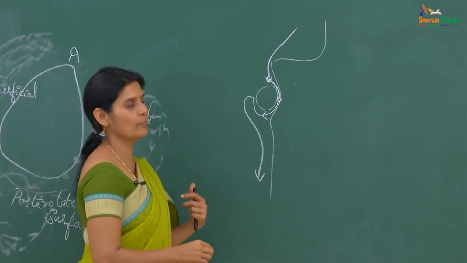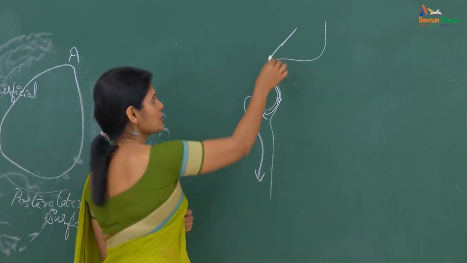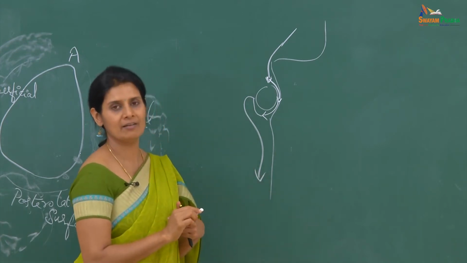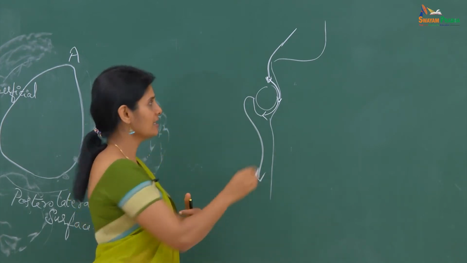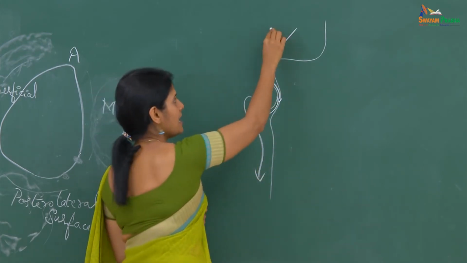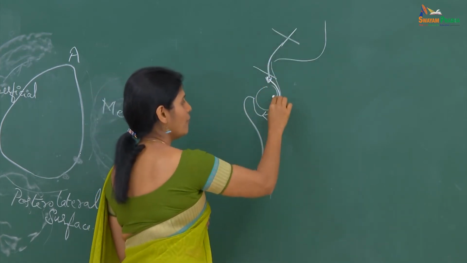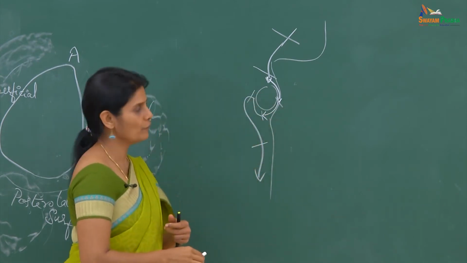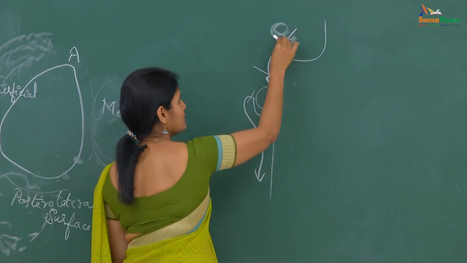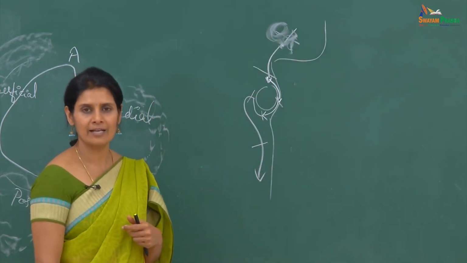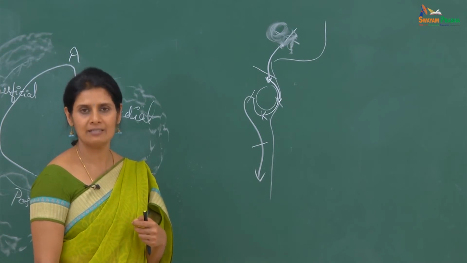Why is this important? If this caudal migration does not take place during development of the thyroid gland, and there is an arrest, it can be found in these positions also. So, what do you find? Thyroid can be situated here itself, then it becomes a lingual thyroid, thyroid present in the tongue.